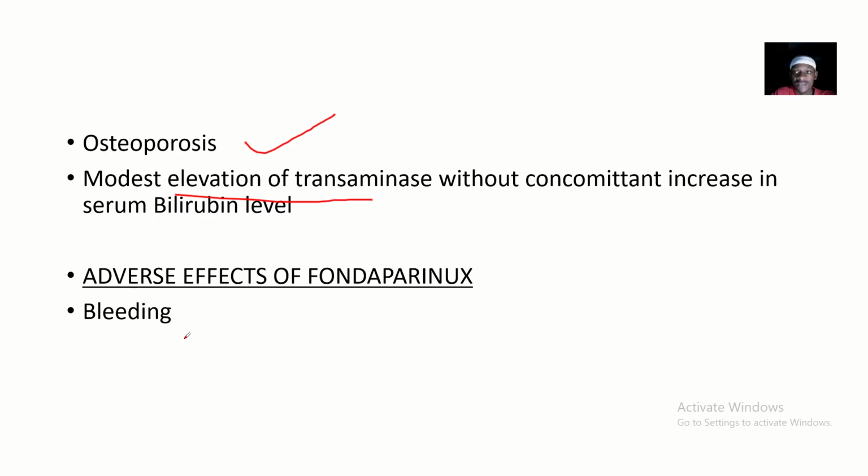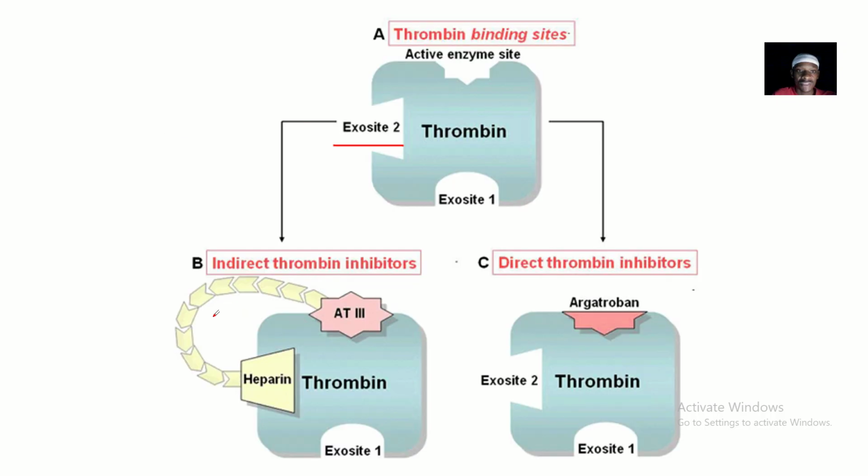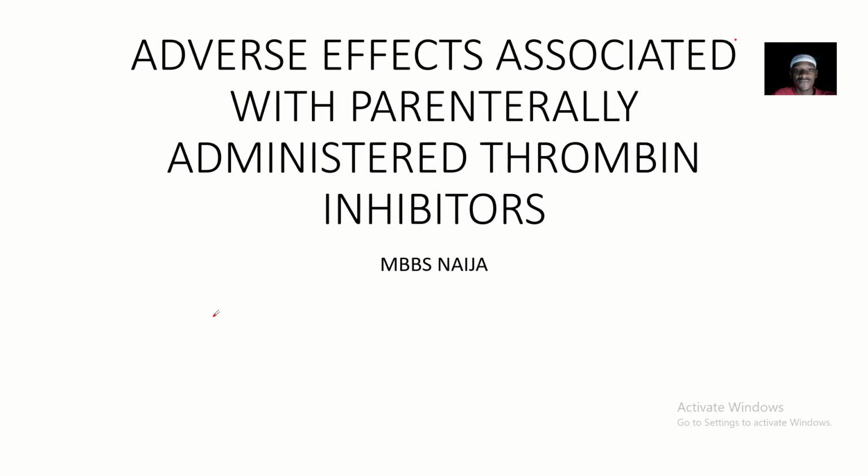If you have fondaparinux toxicity, it will stop coagulation too much, and this will result in excessive bleeding. So if you are using fondaparinux for treatment, it can also result in bleeding. That's it for the adverse effects associated with parenterally administered thrombin inhibitors.